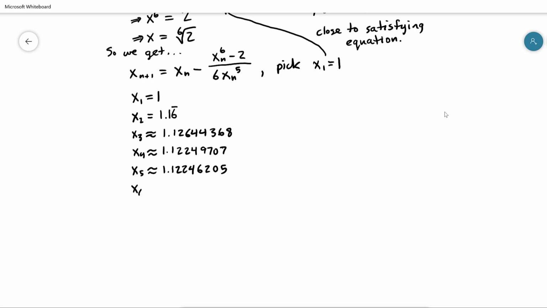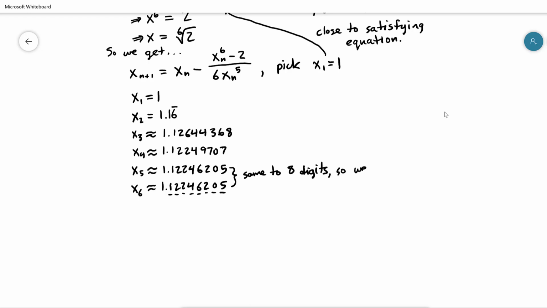By the time I get to x6, I get 1.122462205 again. And at this point, we've seen this is 1, 2, 3, 4, 5, 6, 7, 8 digits. It hasn't changed, so same to 8 digits. We have found our solution accurate to 8 decimal places.